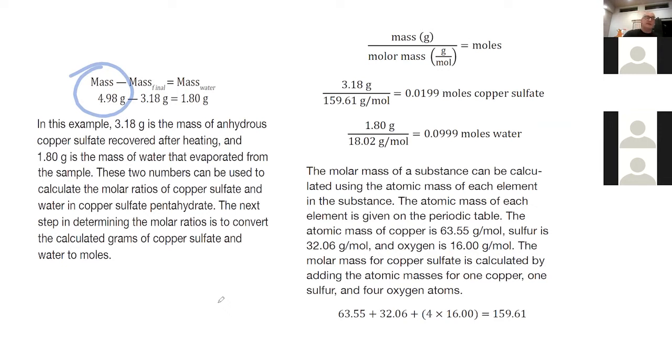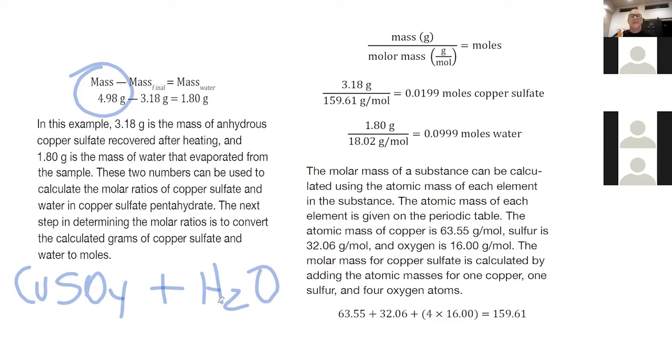You need to remember that in that is both the copper sulfate and the water that are present, and we don't know what the ratio is, for instance. So after heating, the final mass was 3.8 grams. And so the mass that was lost is 1.8 grams.